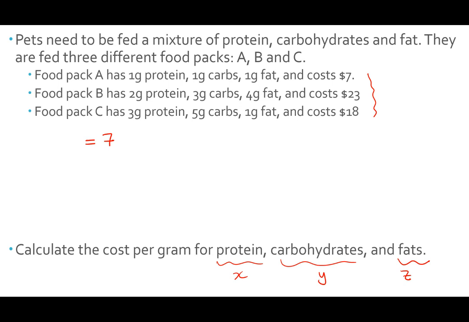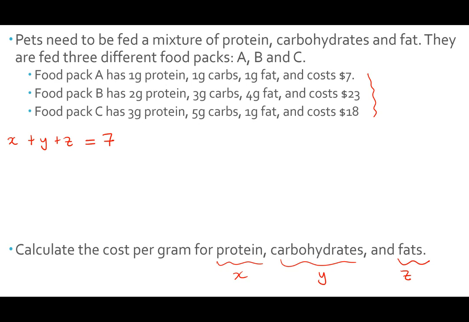That's made up of the total cost for protein, total cost for carbs, and total cost for fats. So the total cost for protein is the number of grams of protein times the cost per gram. So that's 1 times x, or just x for short. Add that to the total cost for carbs, which will be 1 times y, or y, plus z. My second equation from the second food pack will be the total cost for protein.